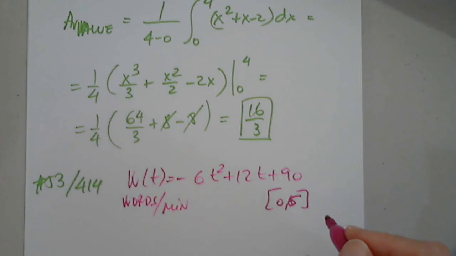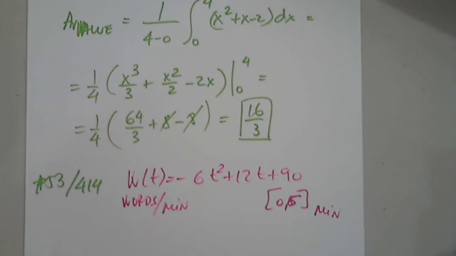And of course, t is in minutes. Fine. Where W is the speed in words per minute at time t.